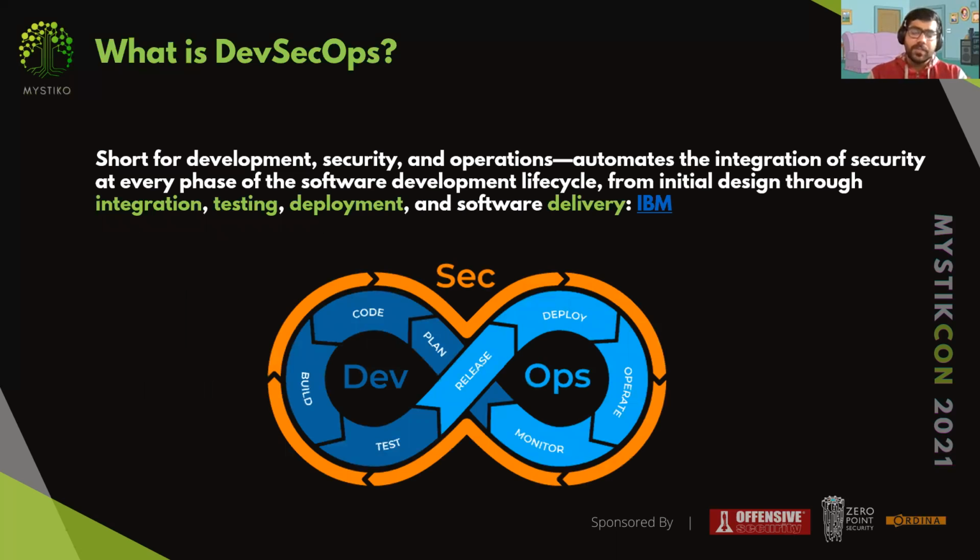So just the basics about DevSecOps. According to IBM, DevSecOps is short for Development, Security, and Operations, and it automates the integration of security at every phase of the software development lifecycle, from the initial design through the integration, the testing, the development, and the software delivery portion.